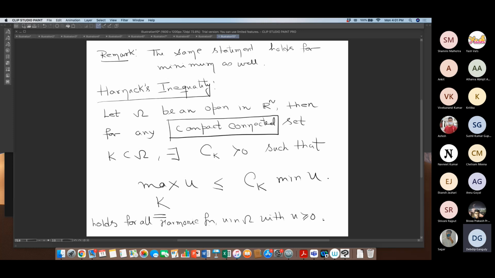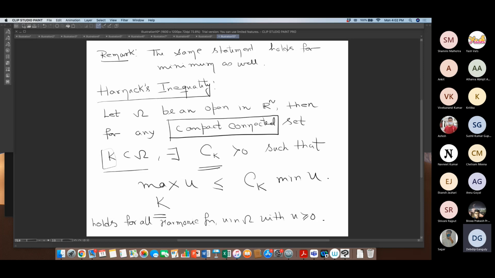Is that okay? First of all, you have to understand the statement, then we will understand the proof. The proof is not that difficult. First of all, you have to understand what this statement is and why it is so important. So let omega be an open set in R^n. You know what an open set is. Then you take any compact connected set K in omega, and you fix that compact set K. With respect to this compact set, there exists a constant C_K which depends only on the compact set.